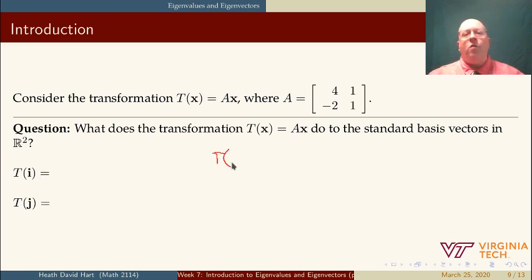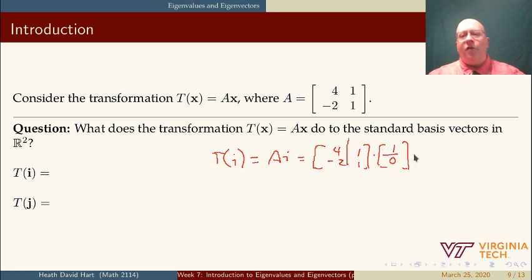Well, the transformed version of i is just A times i, which is 4, -2, 1, 1, multiplied by 1, 0. We can solve this using the column row rule. So the 1 goes with the first column, and 0 goes with the second column, but that just equals 4, negative 2.